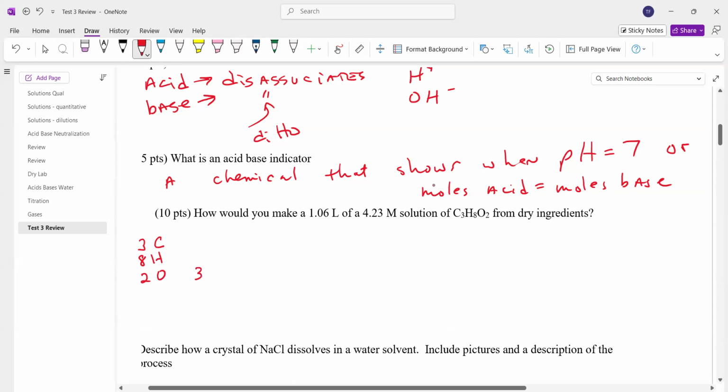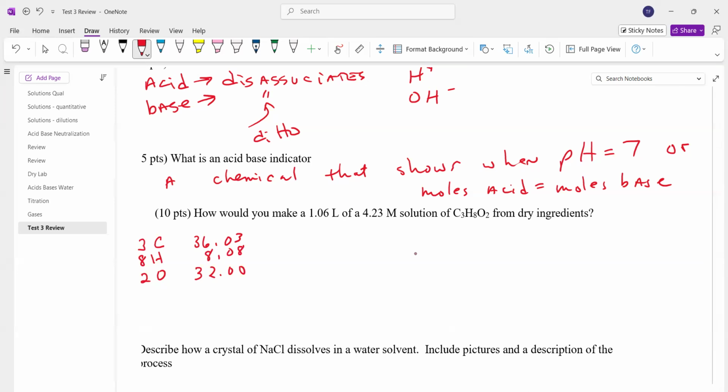The oxygens are 16 apiece. Carbons are 12.01 apiece, so that's 36.03. Hydrogens are 1.01 apiece, so that's 6.06. So we're looking at 74.08 grams per mole.